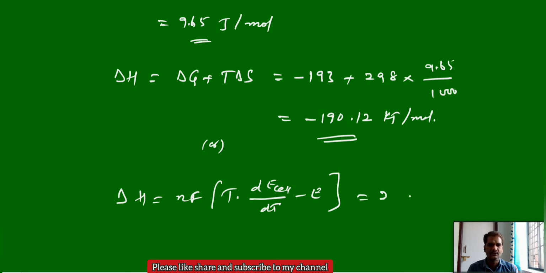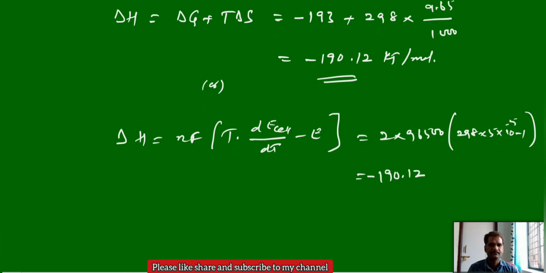Where n means 2 electrons, F is 96,500, temperature 298 Kelvin, into 5 into 10 power minus 5, and minus E cell. If we simplify this also, we will get the same value, minus 190.12 kilojoule per mole. Any one formula we can use.